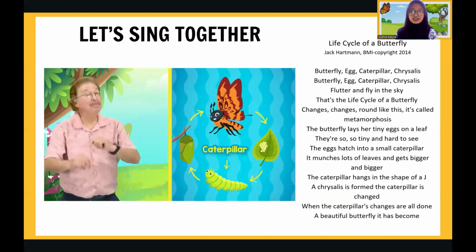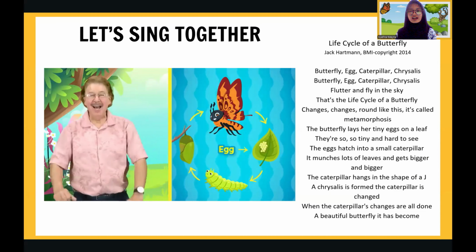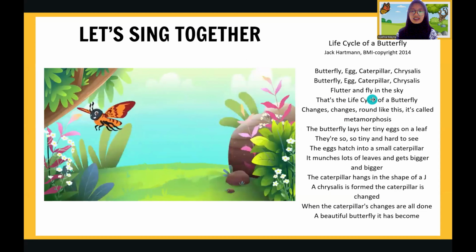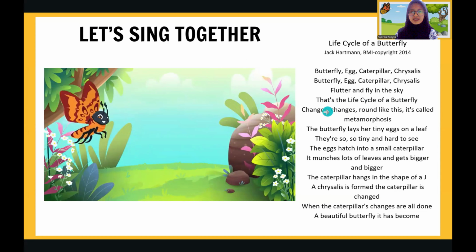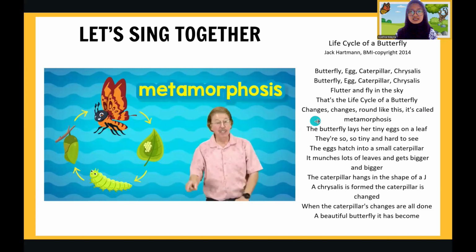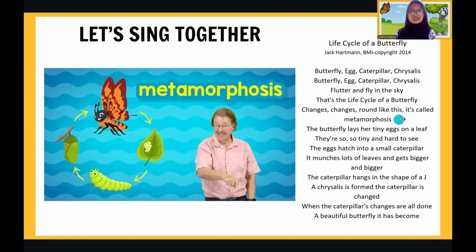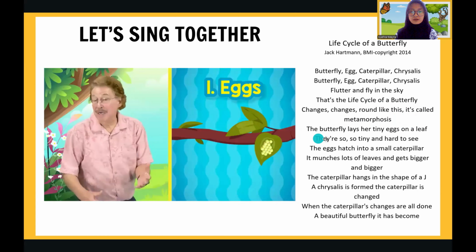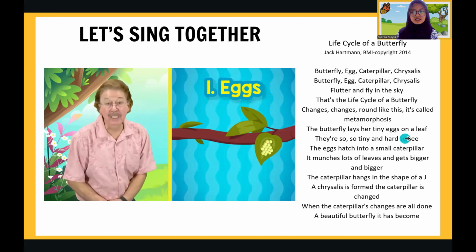Egg, caterpillar, chrysalis, butterfly, egg, caterpillar, chrysalis, flutter and fly in the sky. That's the life cycle of a butterfly. Changes, changes, run like this. It's called metamorphosis. The butterfly's eggs are tiny on a leaf.